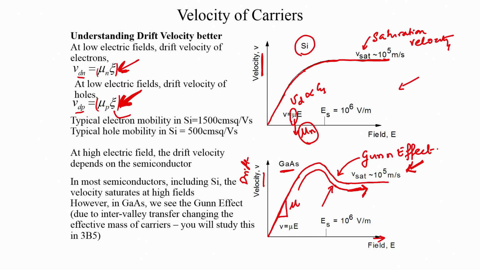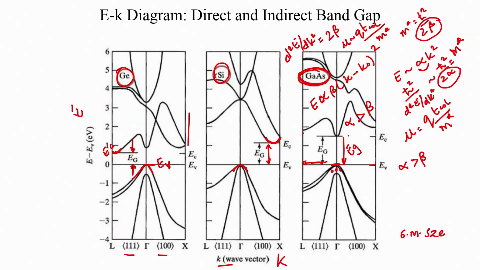Now before we wrap up and close this topic, there are a couple of points that I would like to make with regards to this EK diagram, and these are points that we will come back to later as well, but since we are already here, we might as well just discuss this aspect.